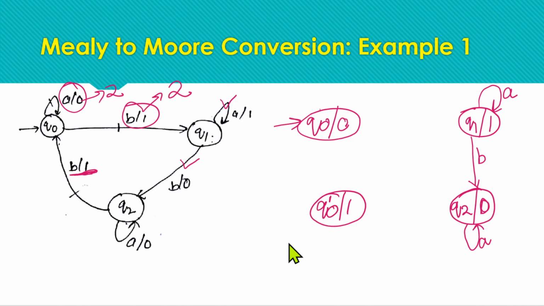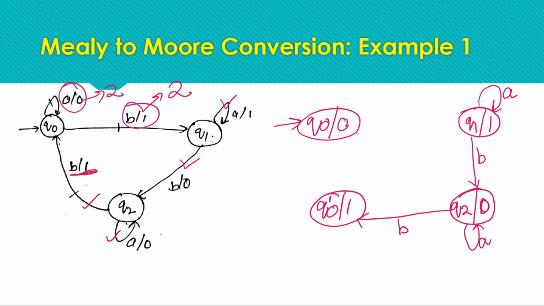So from Q2 we need to move to Q0 dash, where we get output 1 corresponding to the input symbol B. So we have covered all the transitions of Q2 also.